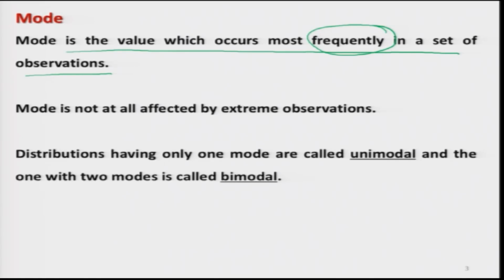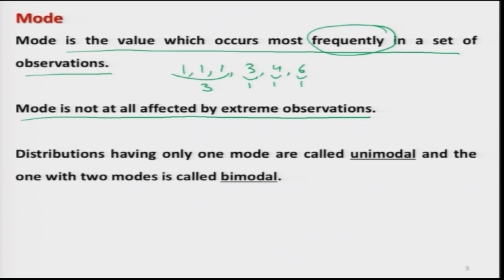those observations. One advantage of mode is that it is not at all affected by extreme observations. For example, suppose I have a data set 1, 1, 1, 3, 4 and 6. You can see that number 1 occurs 3 times, 3 occurs 1 time, 4 occurs 1 time and 6 occurs 1 time.